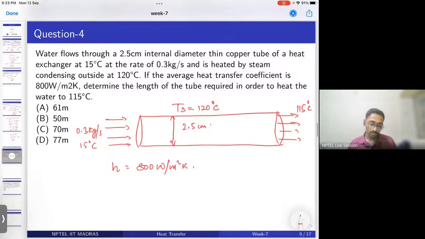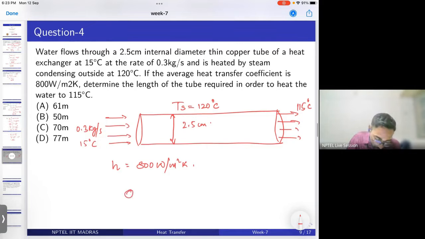Okay. So in the case of a constant surface temperature condition, we need to use the log mean temperature difference. That is, the total heat transfer Q is equal to h A delta Tm, the log mean temperature difference.